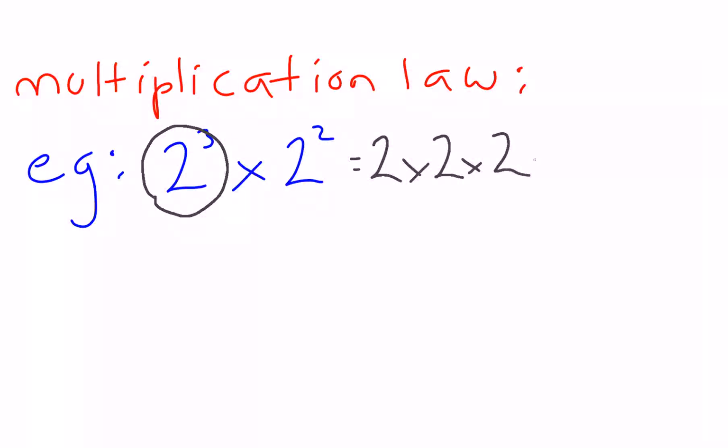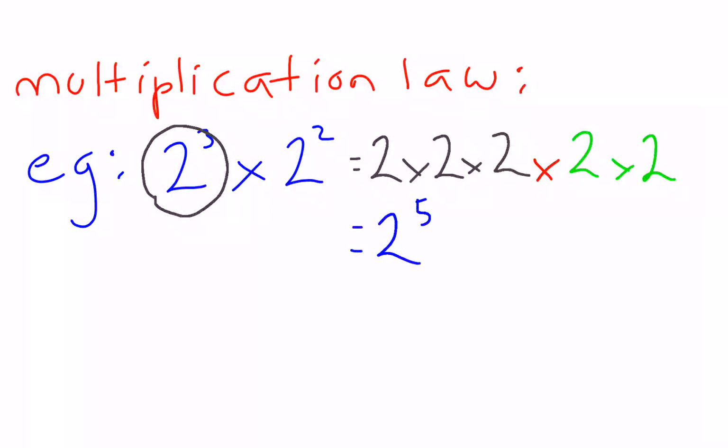And we need to multiply 2 cubed by 2 squared, which we know is 2 times 2. Now, if you look at what we've got there, actually that's 2 times 2 times 2 times 2 times 2. That's 2 to the power of 5.